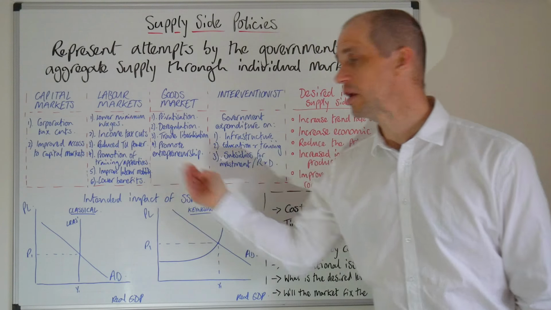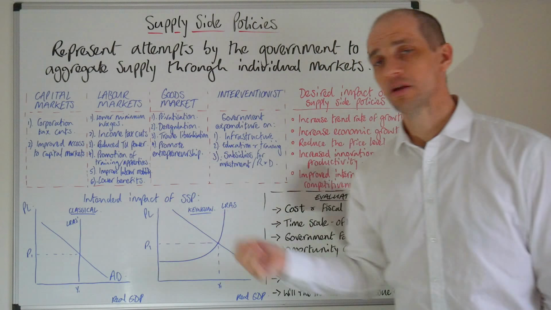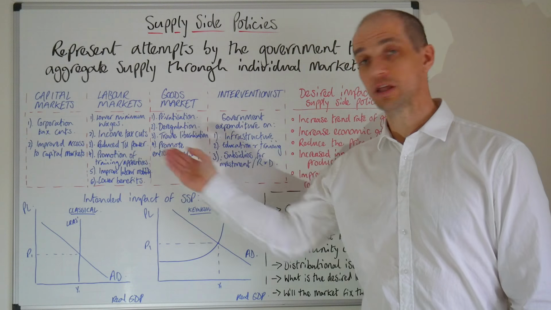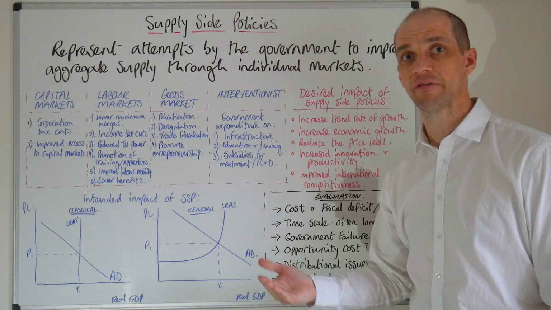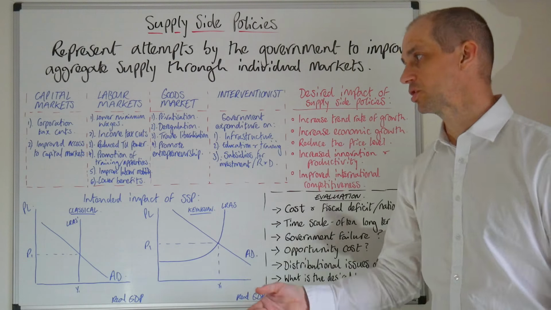Then we've got promotion of training and apprenticeships, and of course this is something that the government has tried to use deliberately to help to reduce unemployment among youth workers. Okay, so people who are just looking for their first job. The option of providing apprenticeships has previously been subsidised.